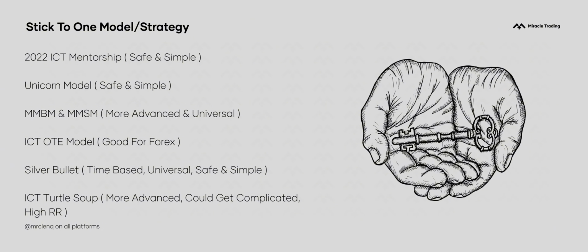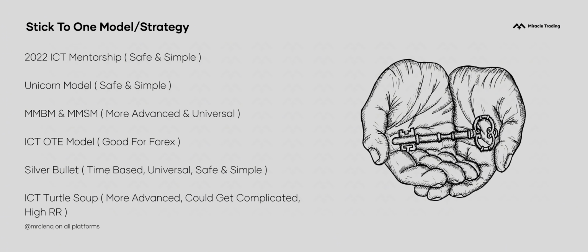We have the market maker buy model and the market maker sell model, which is more advanced and is also universal. So this also works across all the Forex pairs and the indices. We have the ICT optimal trade entry model, which I do recommend for Forex. If you're trading the Forex market, I recommend you trade this model. It could be any other model, but this is just an example.